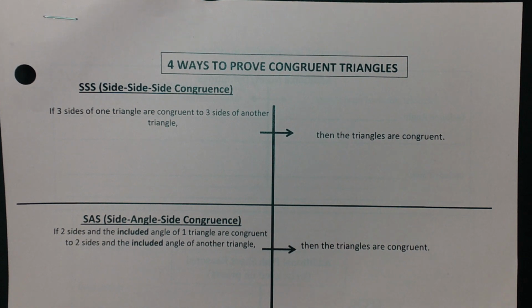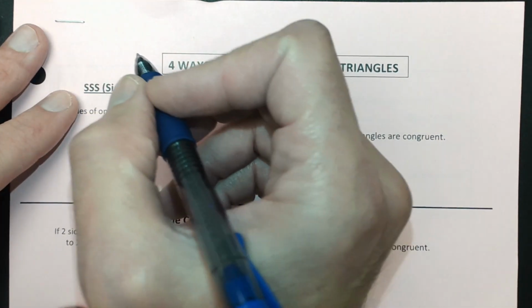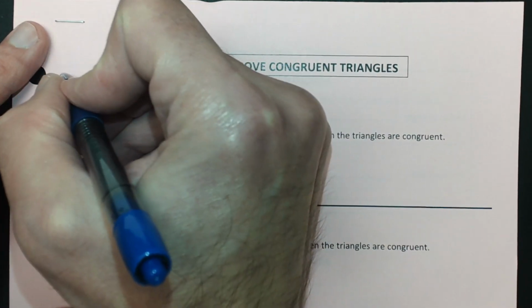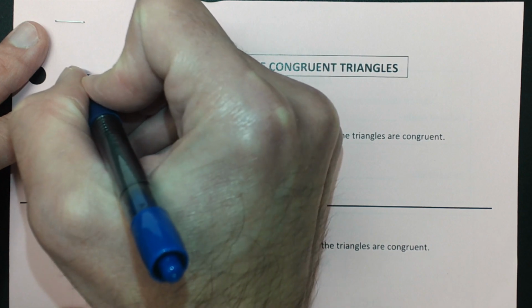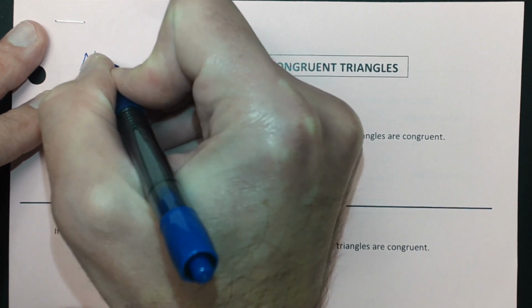Hello, today I'm going to go over the pink sheets for Unit 5, and we're starting off with 4 ways that you can prove two triangles are congruent to each other. So the best advice that I can give you is to always draw a picture.